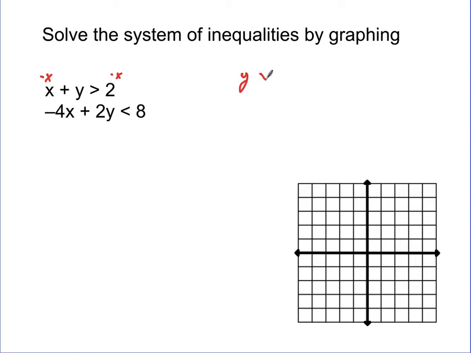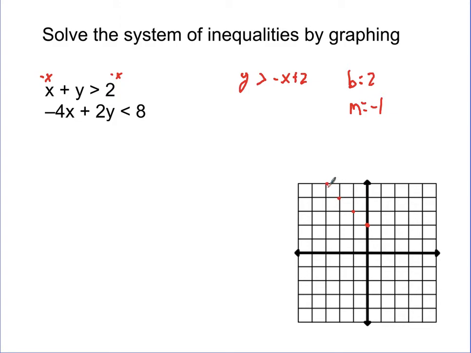Y is greater than negative x plus 2. So my y-intercept is 2. Slope is -1. Y-intercept is 2. Slope is up 1, left 1.